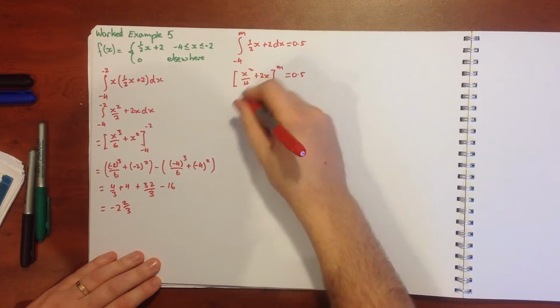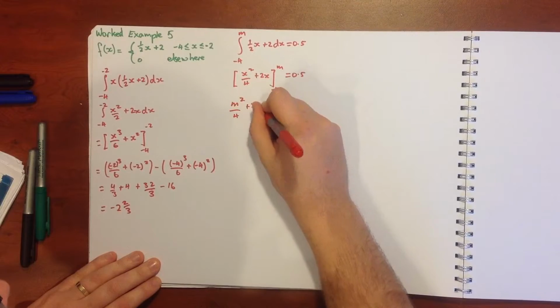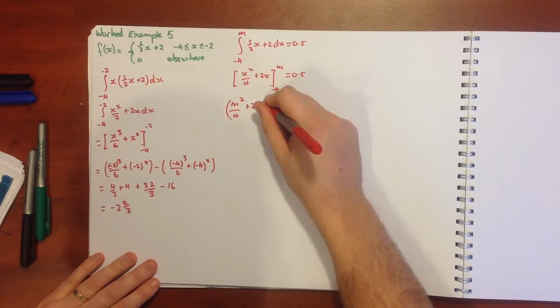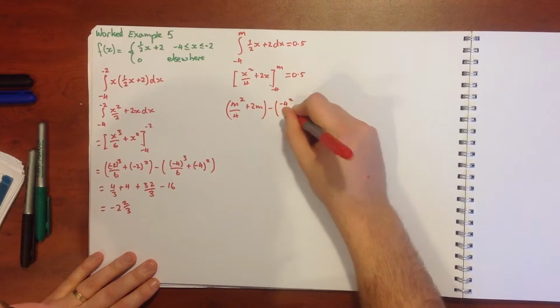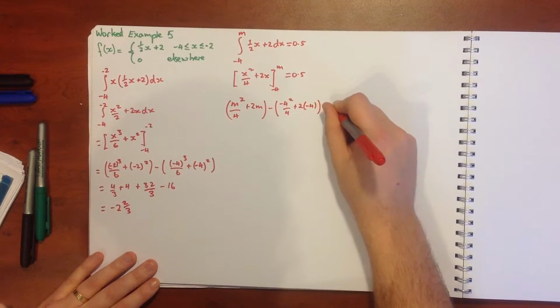That means we get m squared on 4 plus 2m, minus negative 4 squared on 4 plus 2 times negative 4, equals 0.5.